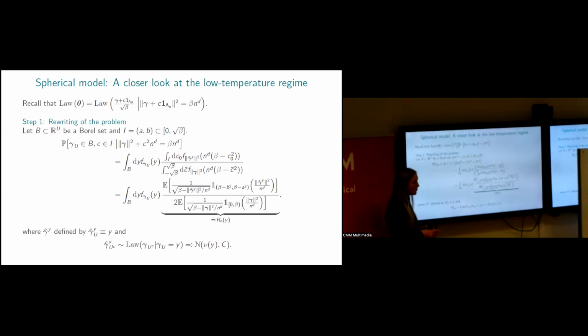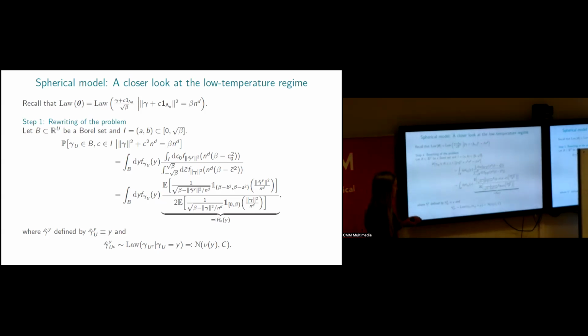The nice feature of the normal distribution is that if we condition some part of its vector values to take some specific number, the conditional law is still Gaussian, with just some shift and a slightly changed covariance matrix. But all this is very explicit.